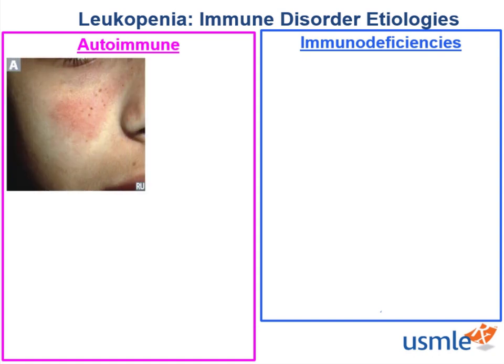Based on this rash that spares the nasolabial folds, what is your diagnosis, student doctor? Let's say that the patient was out in the sun and then developed this rash. What is it? This is the malar rash in a patient who has systemic lupus erythematosus.